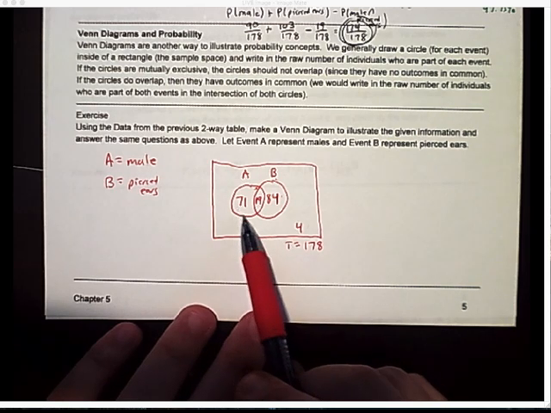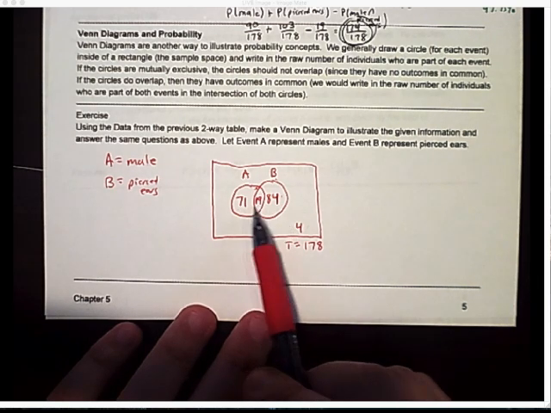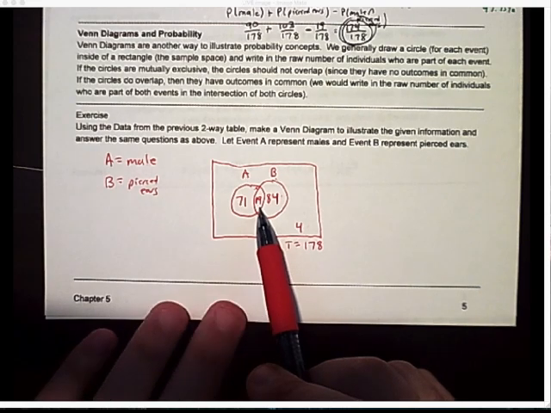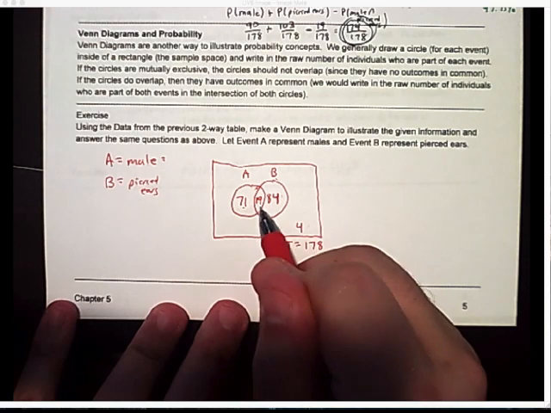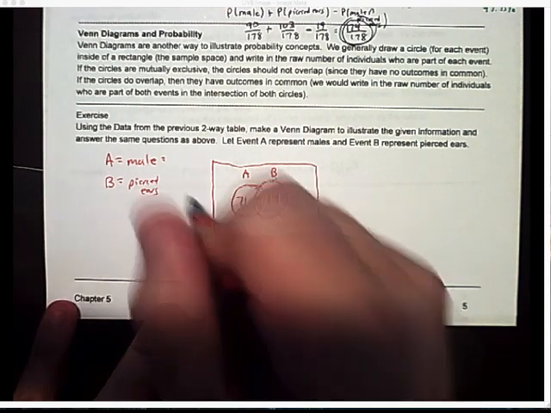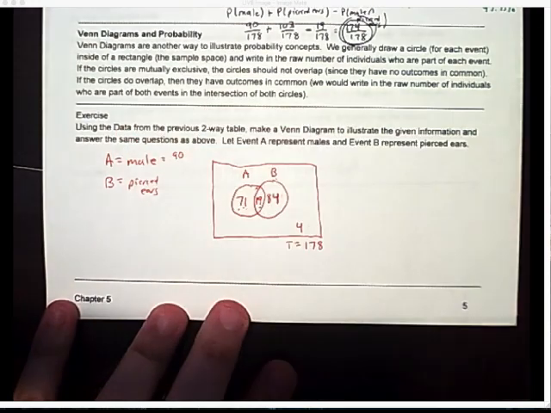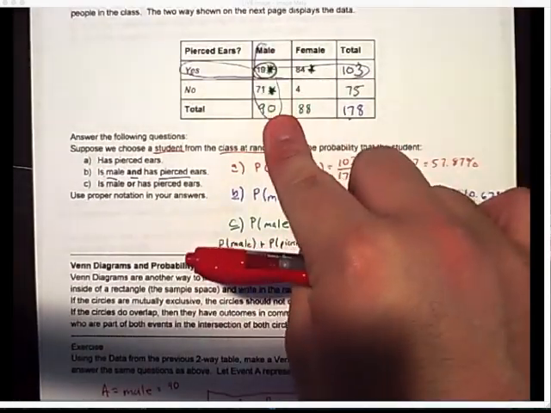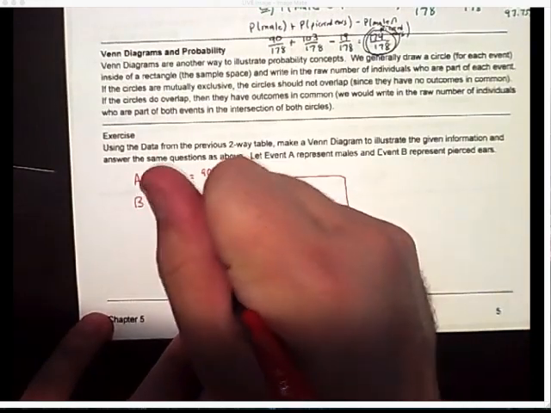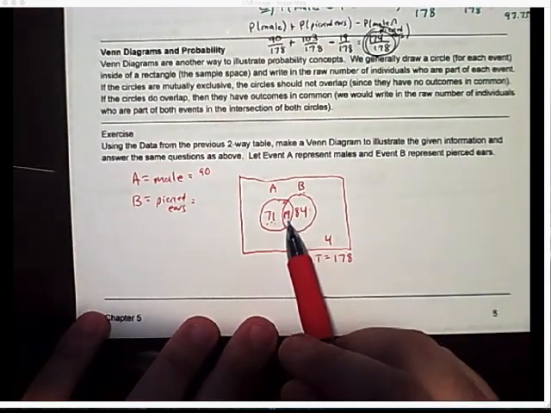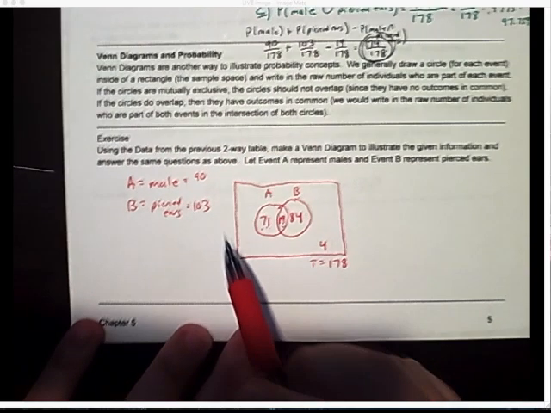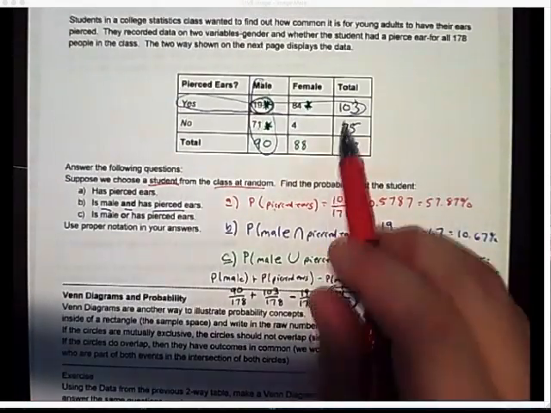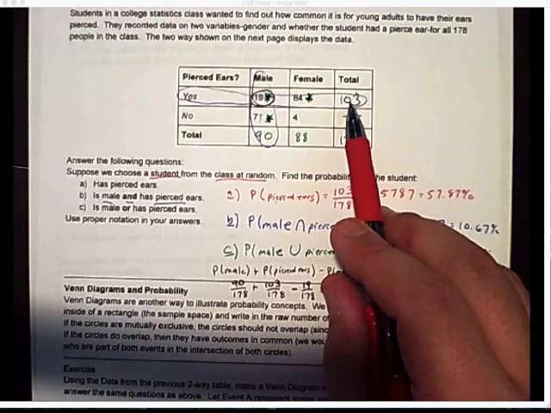So if you add up these 4 numbers, 71 plus 19 is 90, right? So between this number and this number, if you add them together, that would be 90. Are there 90 people that are male? Yes, right there. All right. What about pierced ears? 19 plus 84 is 103. Are there 103 people with pierced ears? Yep. Okay.